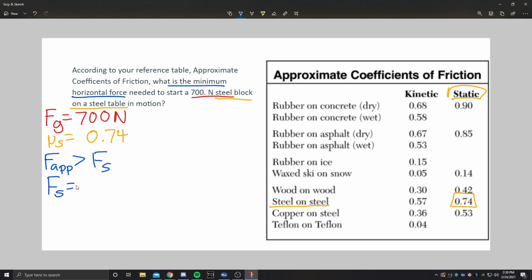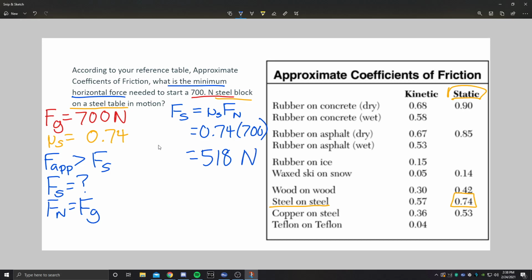So you're trying to find out what your static frictional force is. The static frictional force is μs Fn, but you know that Fn is equal to Fg. So 0.74 times 700. That should give you 518 newtons.